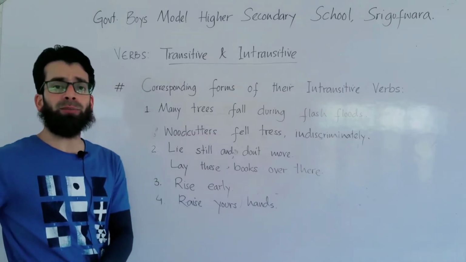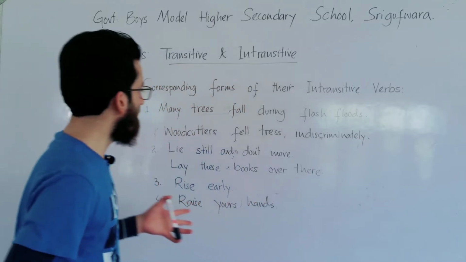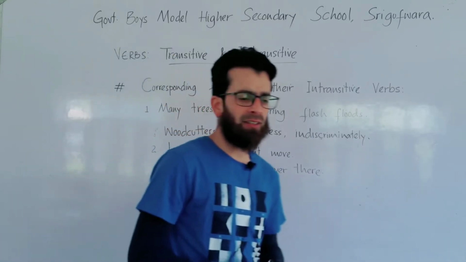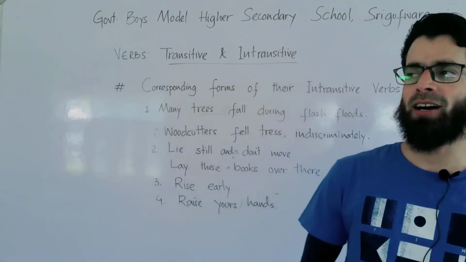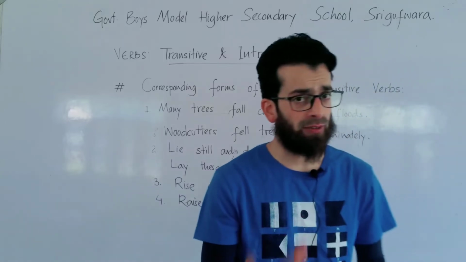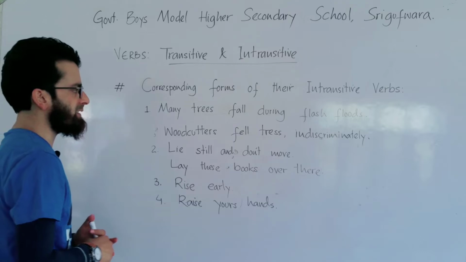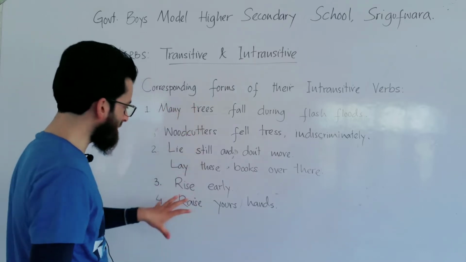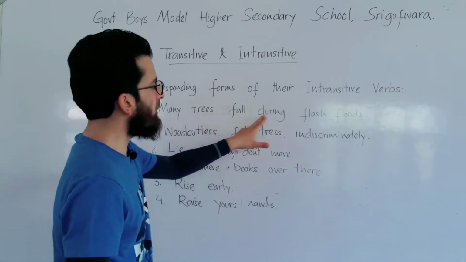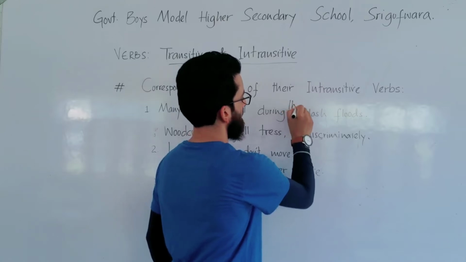Sometimes there is a little difference just in spellings, in certain verbs, where with a slight difference you can change a transitive verb into intransitive or an intransitive verb into transitive. For example, I have written three simple sentences, rather I have written six, but this is a comparison. Many trees fall during flash floods.